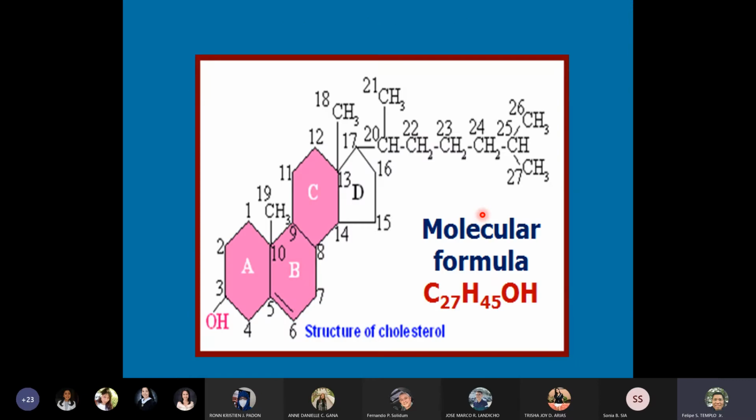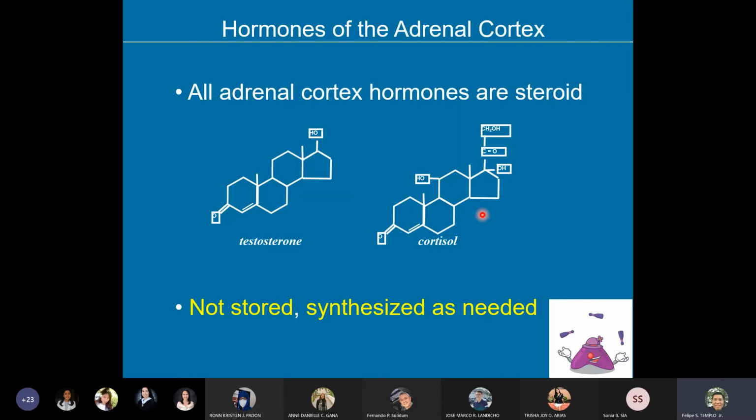So briefly, I think this is discussed in biochemistry. Any change in, let's say, the hydroxyl group here, you can change immediately the functions of that hormone. So take note, it is not stored. You do not store the adrenal cortex hormone. It is synthesized as needed.